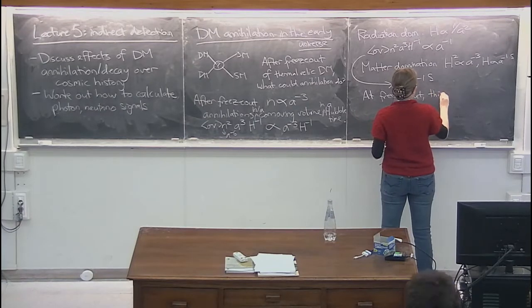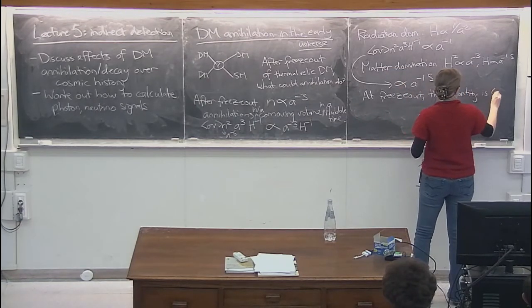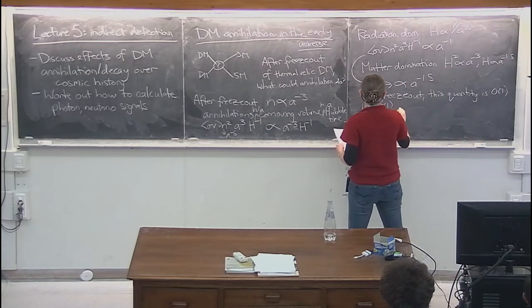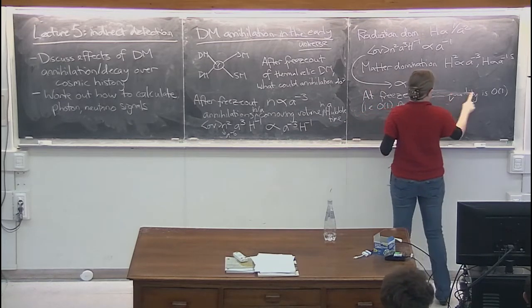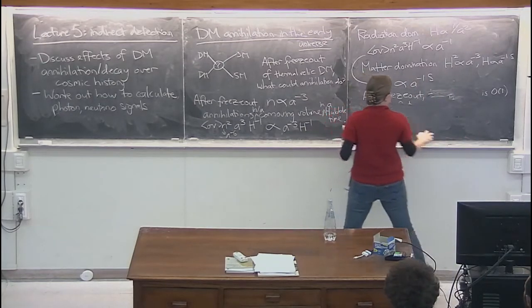So at freeze out, this quantity is order 1, i.e. an order 1 fraction. Let me be a little bit more specific, because this quantity is proportional to the quantity that I'm talking about.